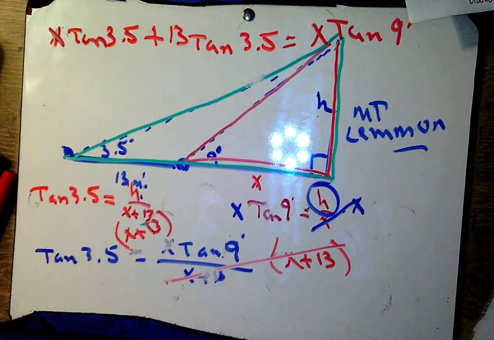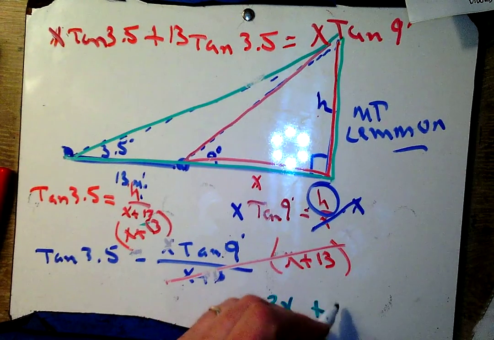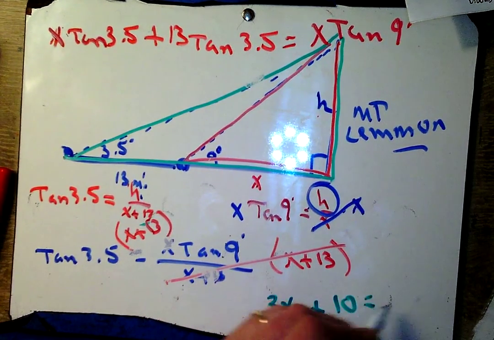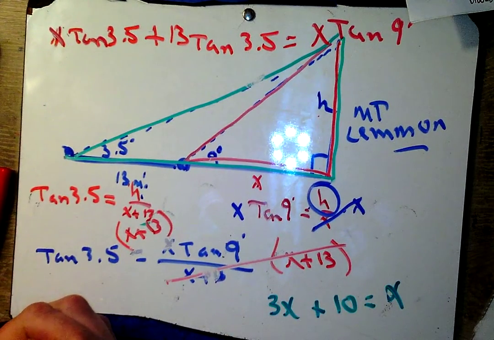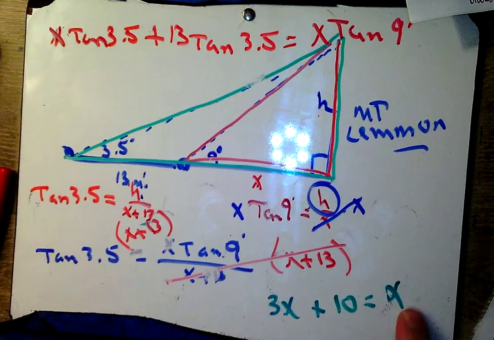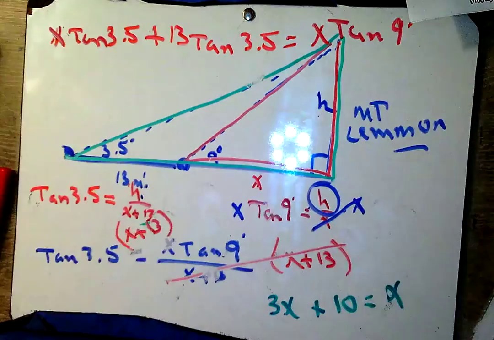Okay. Now, in my brain, this is an algebra problem that looks like 3x plus 10 equals x. And so what would you do in this situation? Well, you'd move that x over there so you could get the x's on one side and the not x's on the other side. Well, I want to do the same thing here.